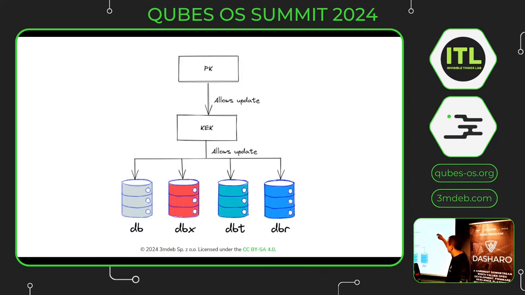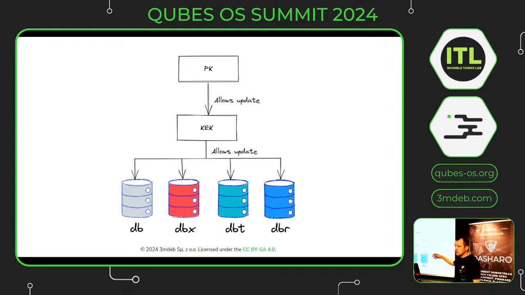But anyway, the structure of the keys in UEFI Secure Boot looks like that. There is a platform key, so PK, which allows updating the key exchange key, which is the KEK. And then KEK, the key exchange key, allows updating the DB, which is the database of allowed signatures, allowed hashes, allowed public keys.